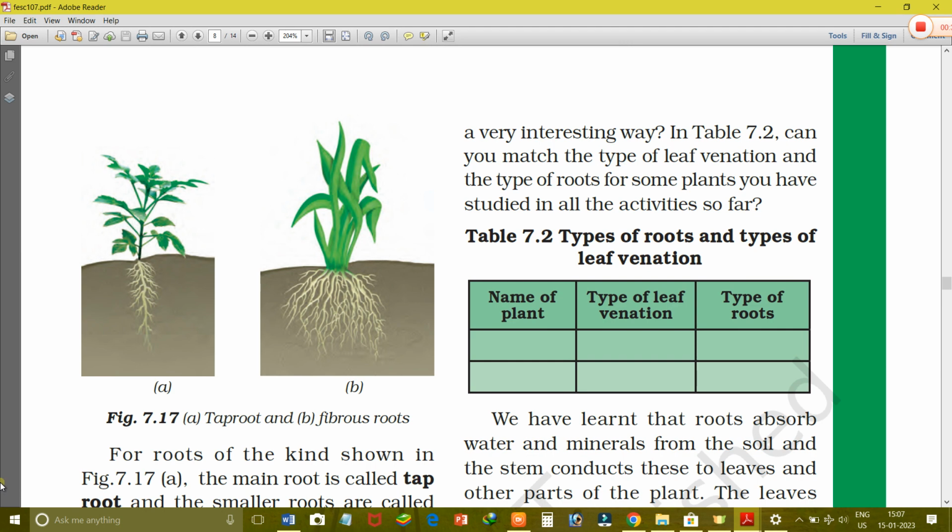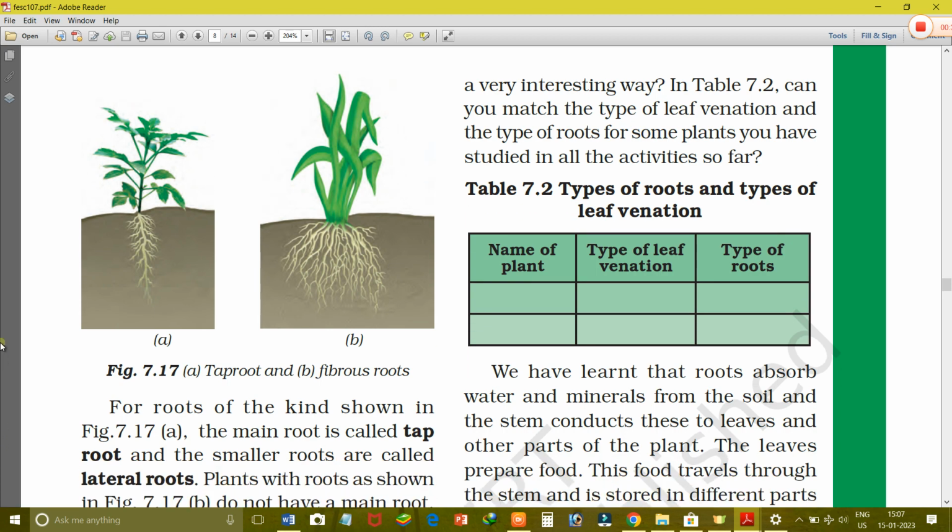In table 7.2, can you match the type of leaf venation and the type of roots for some plants you have studied in all activities so far?